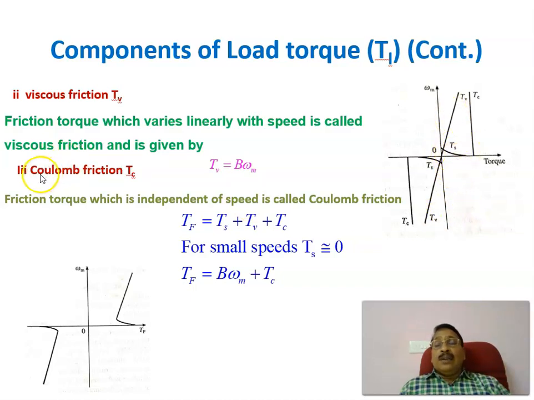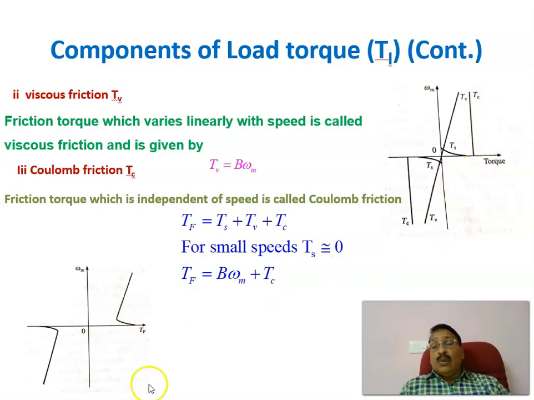One more part of the friction is what we call Coulomb friction, TC. Coulomb friction torque is independent of the speed; it is a constant one. Therefore, the sum is static friction plus viscous friction plus Coulomb friction, that is TS plus TV plus TC.